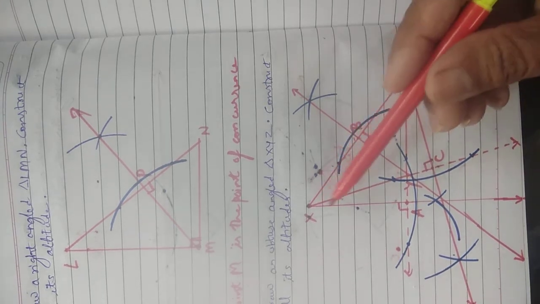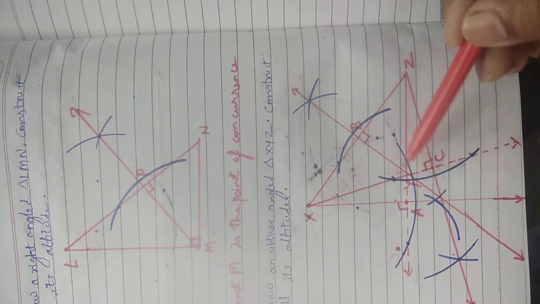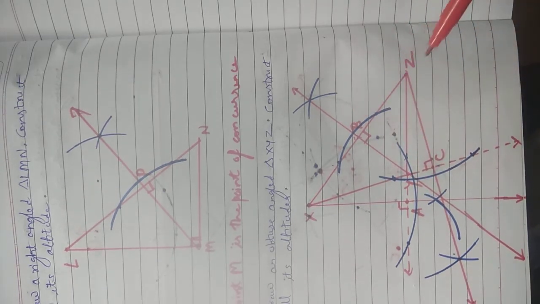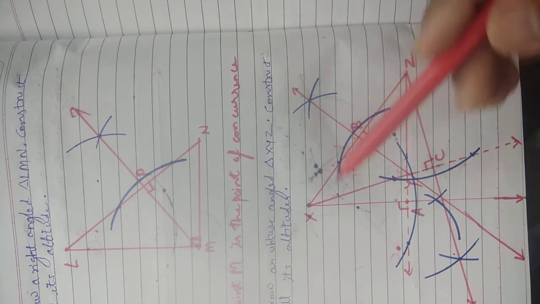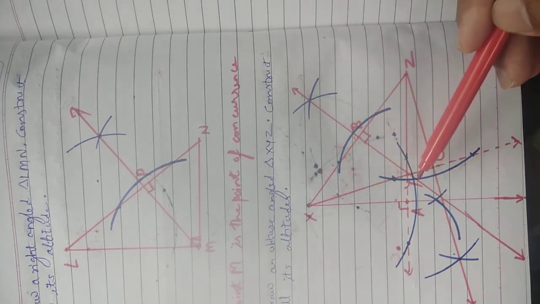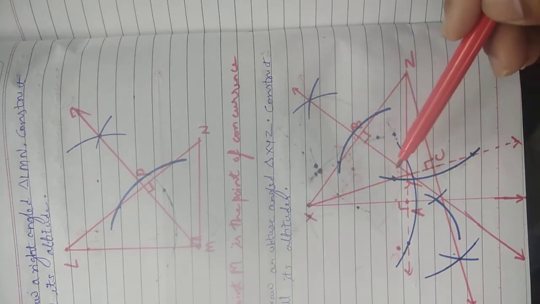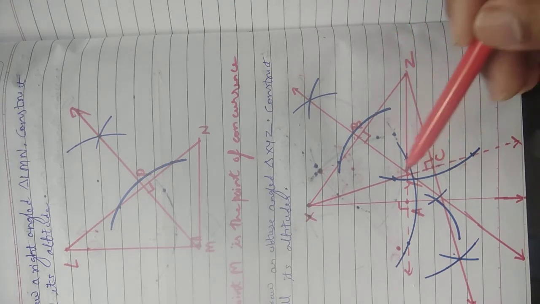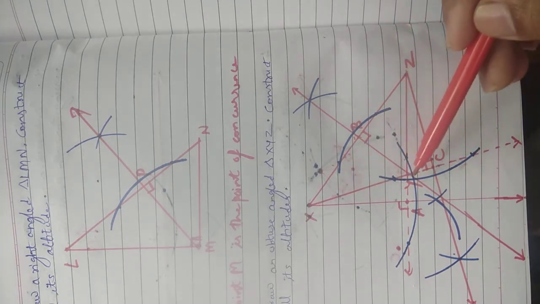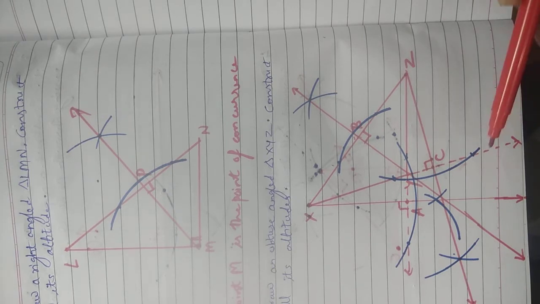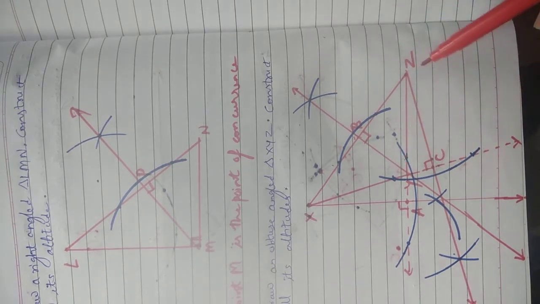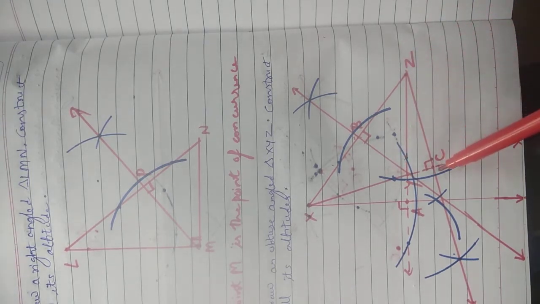The third altitude is drawn from Z to its opposite side XY. But you can see the arc which you draw from point Z goes outside, that's why this side XY is also extended, so we get 2 points of intersection. So the name of the altitude drawn from Z is ZC.